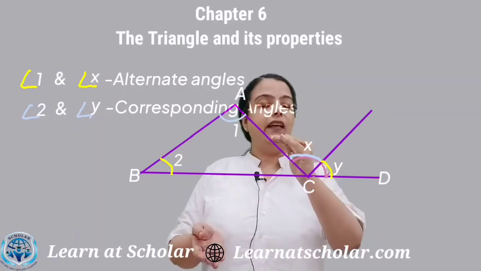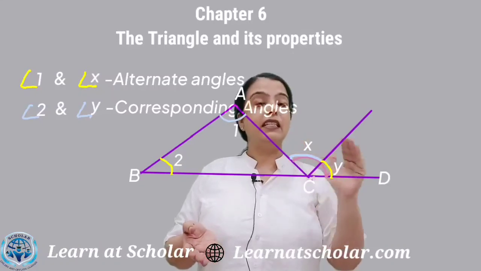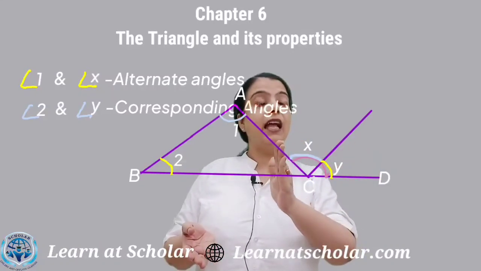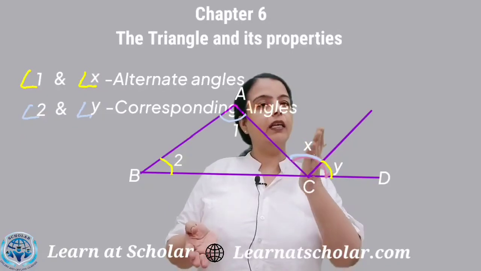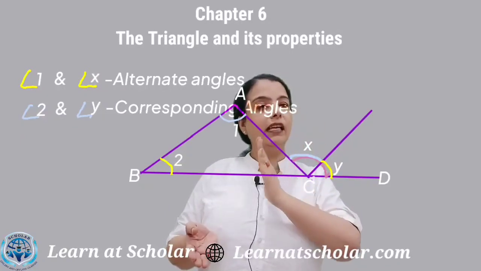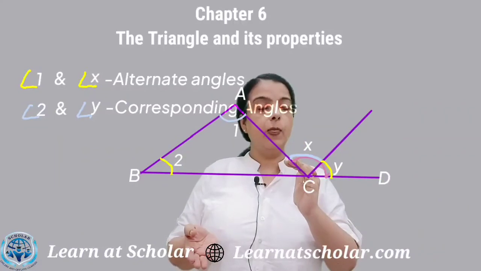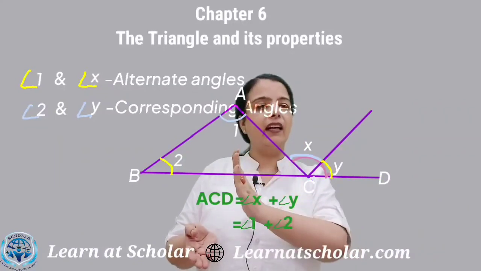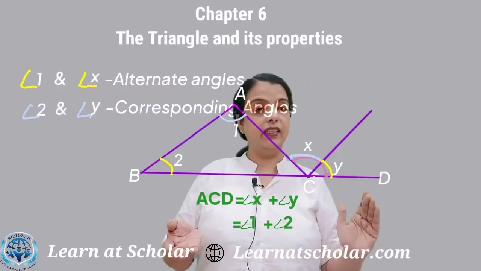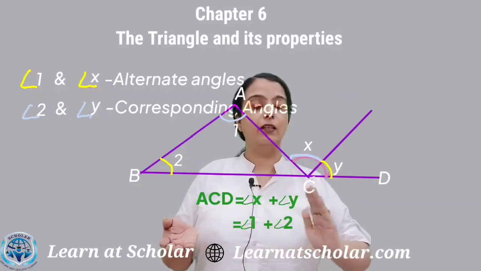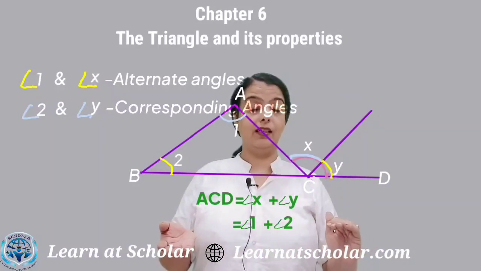So clearly we can see that angle ACD is the sum of angle X and Y. But X and Y are equal to angle 1 and angle 2 respectively. So angle X plus angle Y is equal to angle ACD, or angle 1 plus angle 2 is equal to angle ACD.